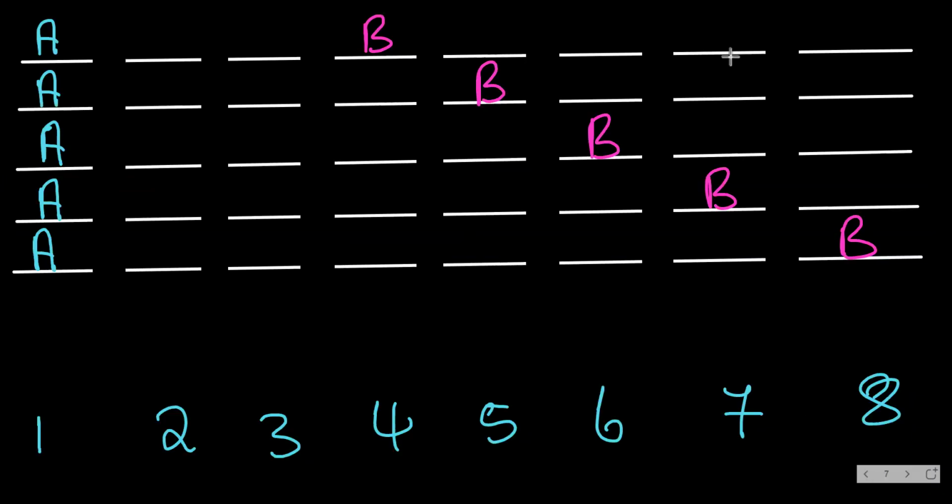How many lines did we have? 1, 2, 3, 4, 5. That means it should be 4 lines now. One, two, three, four, five, 6, 7, 8.